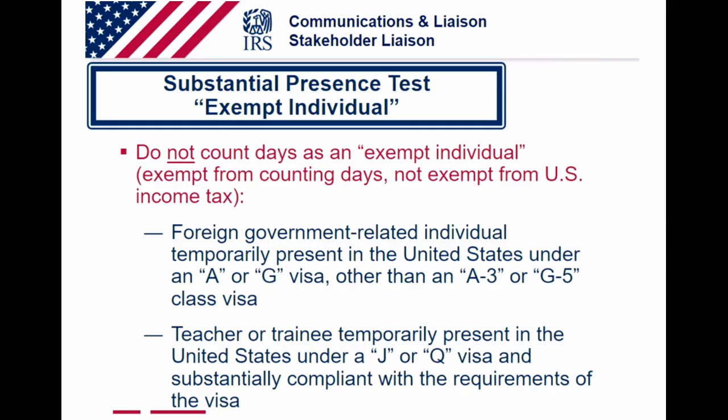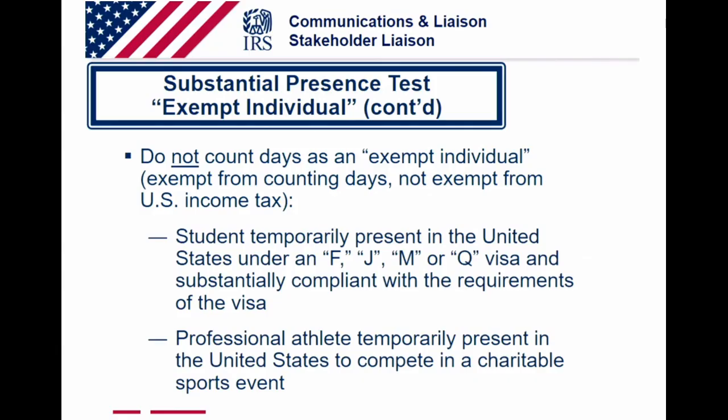However, there is an exception if they were exempt as a teacher, trainee, or student for any part of 3 or fewer of the 6 preceding calendar years, and all of their compensation was and is paid by a foreign employer. So please see Publication 519 for more information on this, and that's the tax guide for aliens.